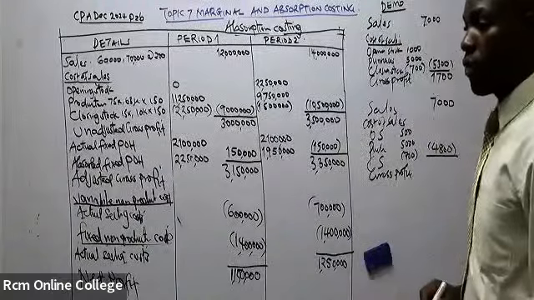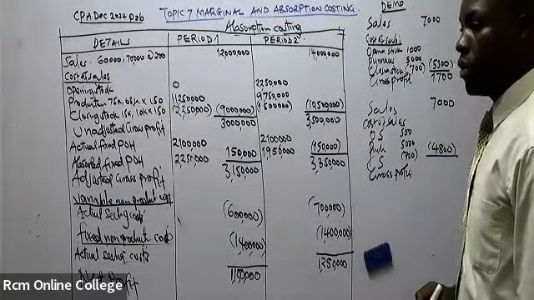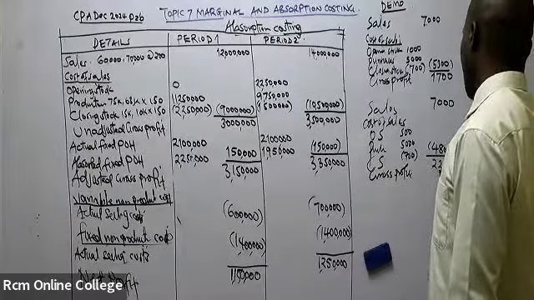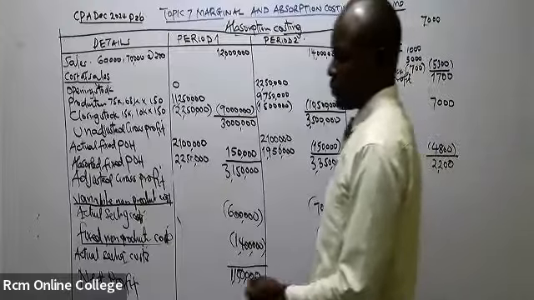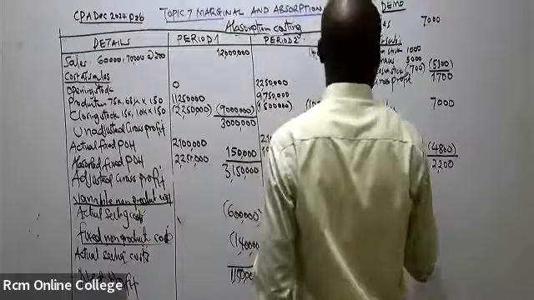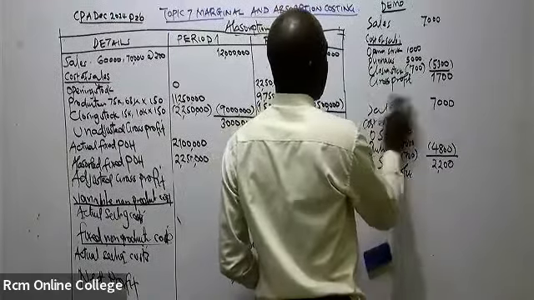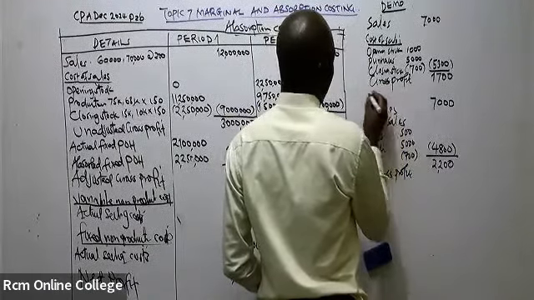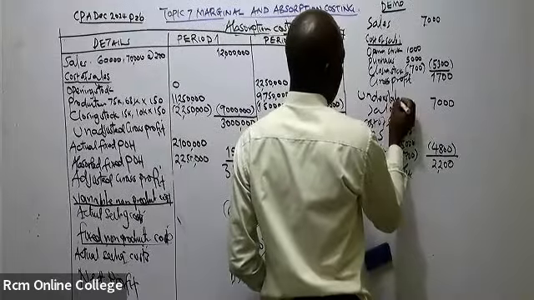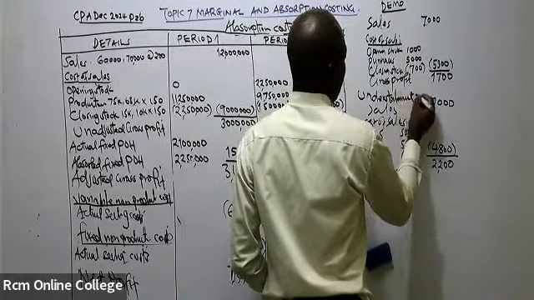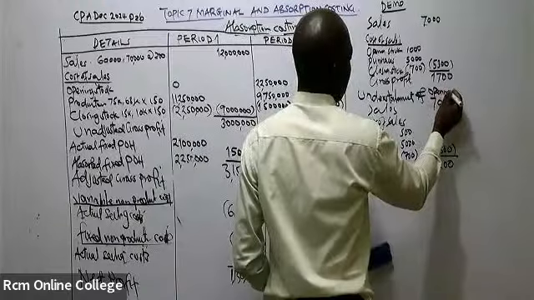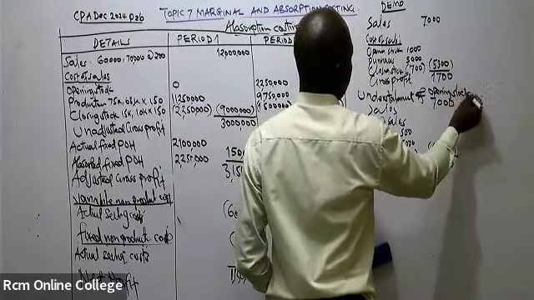Gross profit 2,200. 2,200. So we have what we call understatement of opening stock.